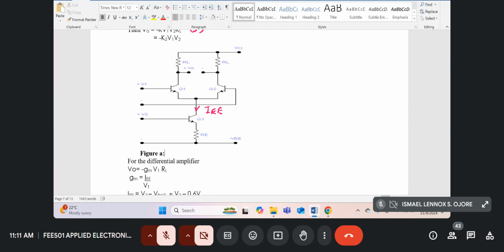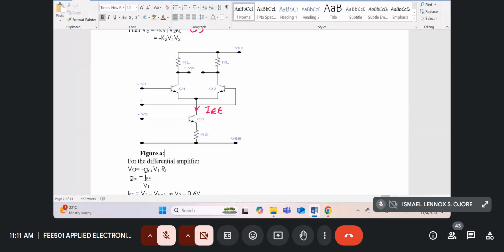The ground of the signal V1 is different to the ground of the signal V2. They don't have the same reference. Signal V2 is connected to minus VEE. Okay, so let's continue.